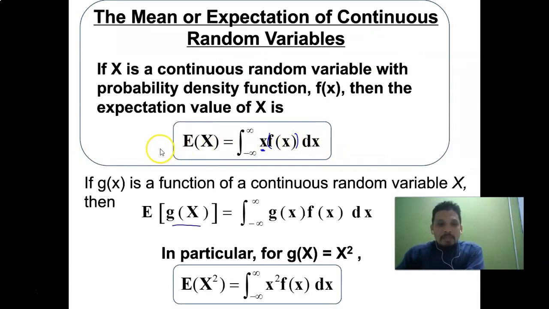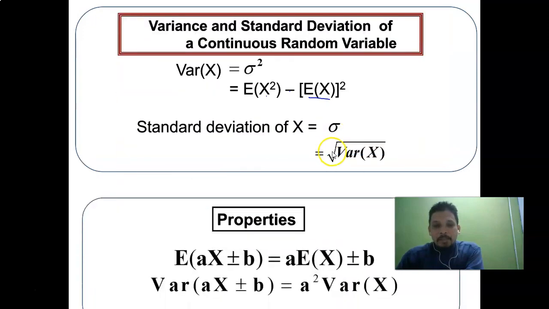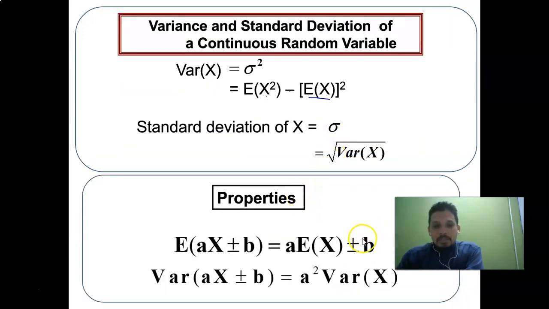So the first part here, expected value of x or mean, is the integral of x multiplied with f(x) dx. And the properties of this are also things that we're going to use to solve a few questions. We call it an example then, to solve the questions for this topic.